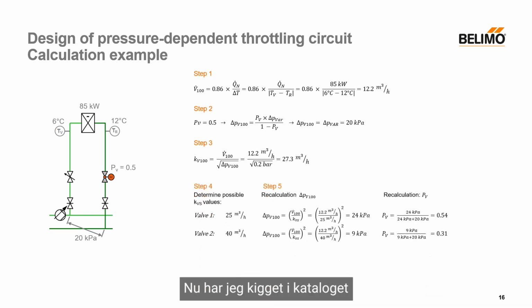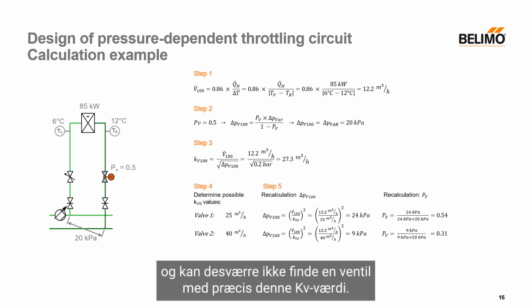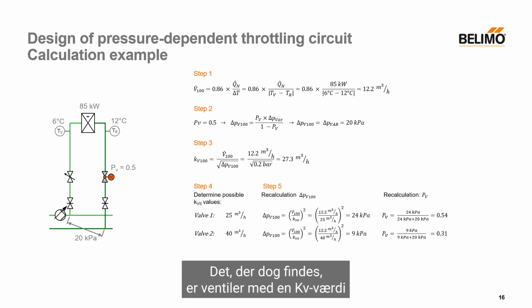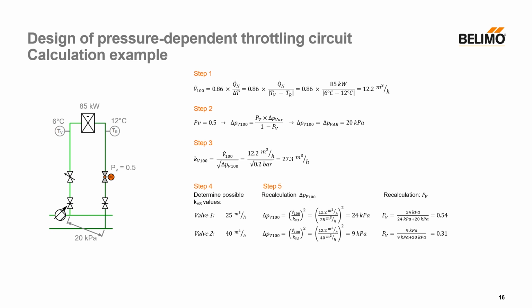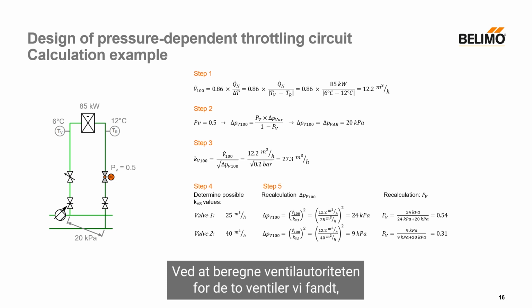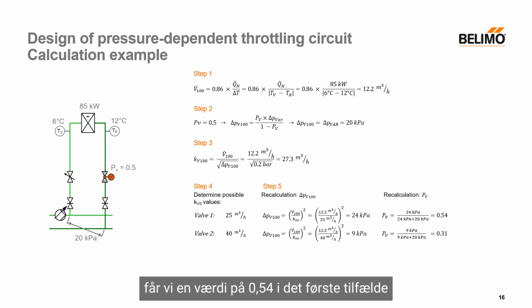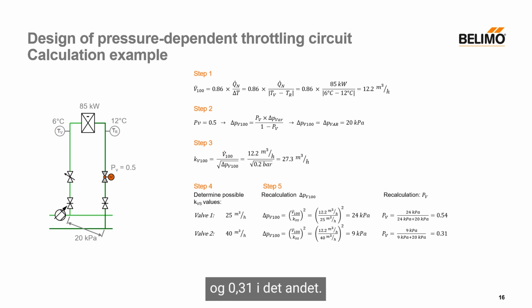Now, I have looked in the catalogue and unfortunately I cannot find a valve with exactly this kV value. What there are, however, are valves with a kV value of 25 or 40 cubic meters per hour. By calculating the valve authority for these two valves we get a value of 0.54 in the first case and 0.31 in the second.